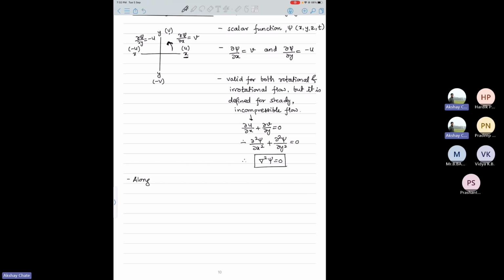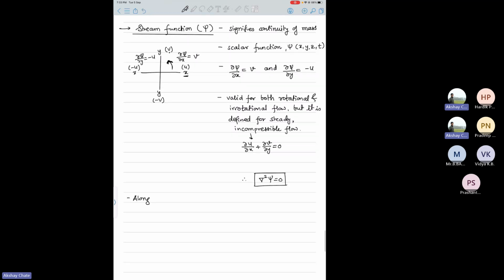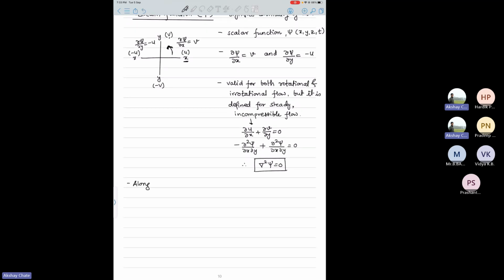Oh, okay, wait, sorry. So del u by del x plus del v by del y equals 0 for incompressible flow. So here this will be del square psi by del x del y and del square psi by del x del y, and this comes out to be 0. Yeah, sorry for my mistake, and thank you for pointing it out. But the key takeaway is that the Laplace should be 0.